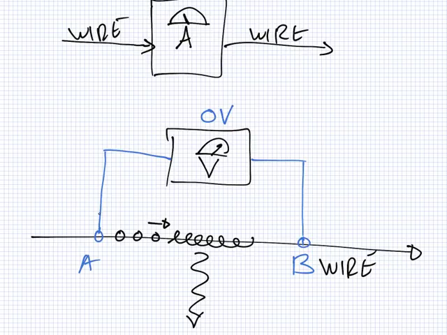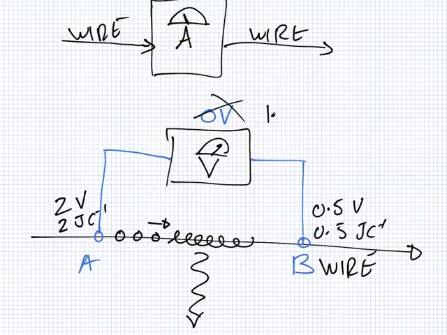So the voltmeter will see that maybe these charges come in with 2 volts, that's 2 joules per coulomb, and maybe it comes out with half a volt, meaning half a joule per coulomb. Then the voltmeter can tell you how much was lost. So in that example, the voltmeter would read 1.5 volts.